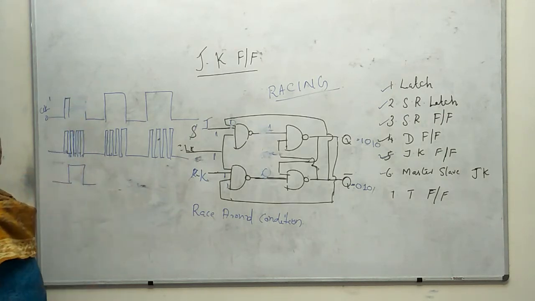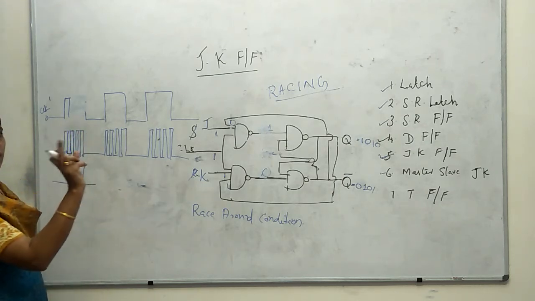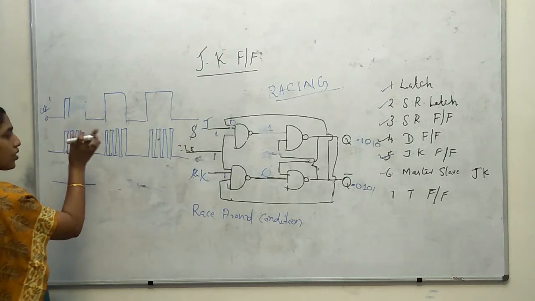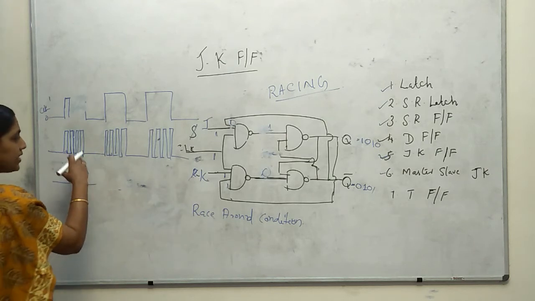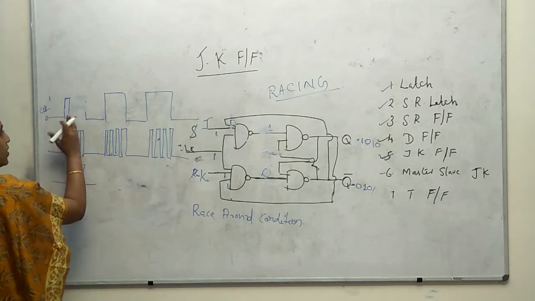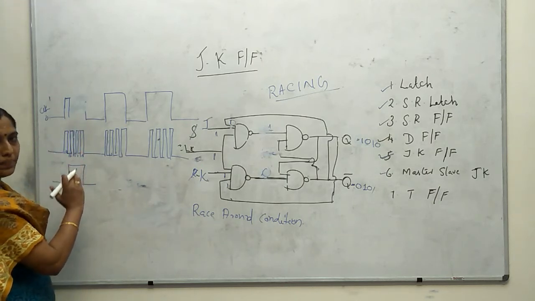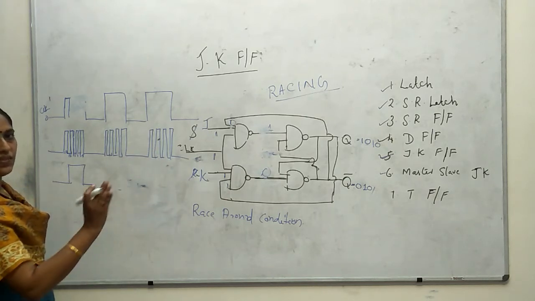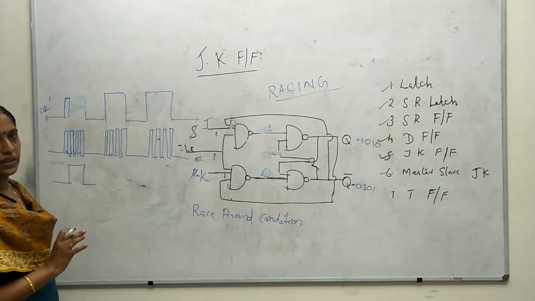Since the clock duration is high, it is toggling uncontrollably, so we can reduce the clock size to a minimum value, depending upon the delay in the circuitry. But that is not a practical solution for this particular problem.